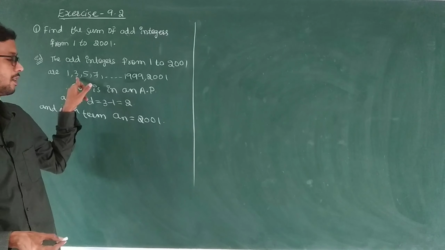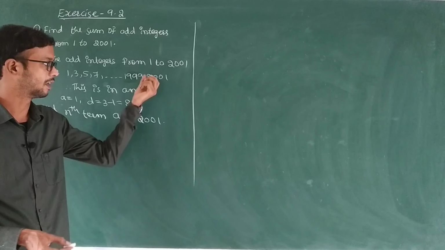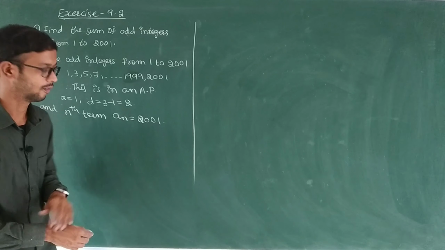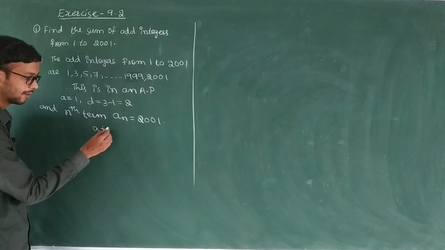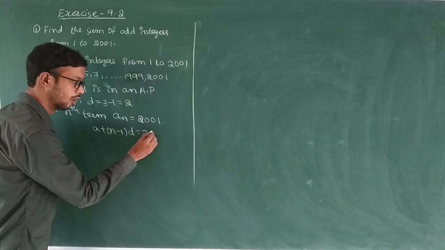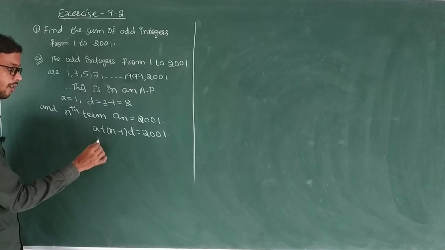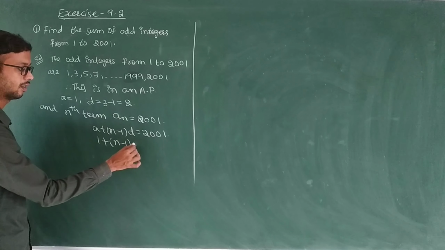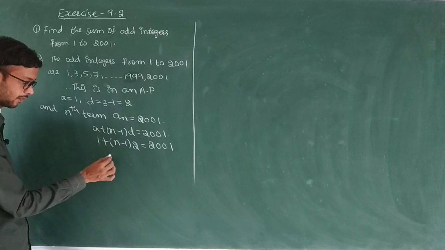This is the first term, second term, third term, fourth term, and so on, and taking the nth term as 2001. The formula is a plus n minus 1 into d is equal to 2001. So 1 plus n minus 1 into 2 is equal to 2001.